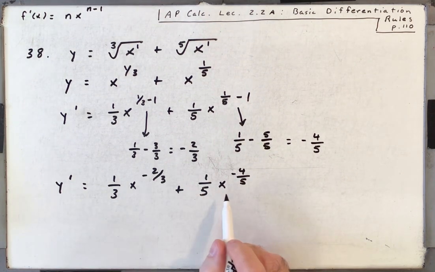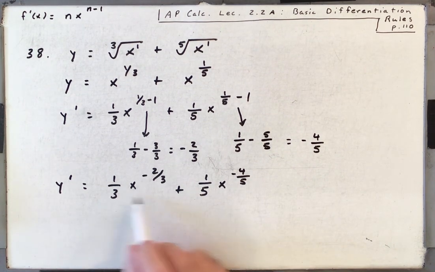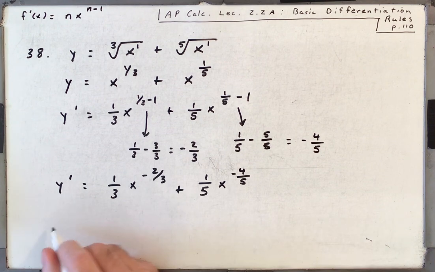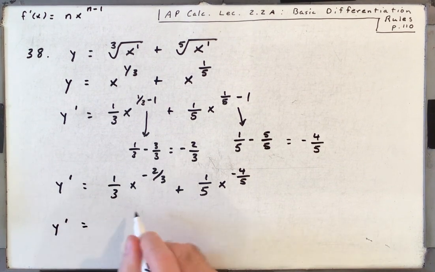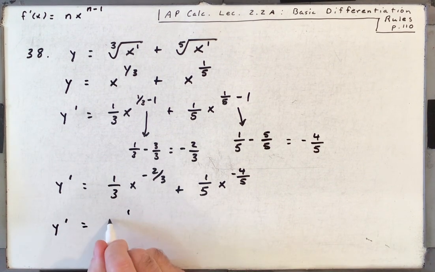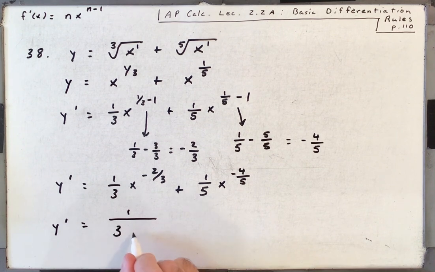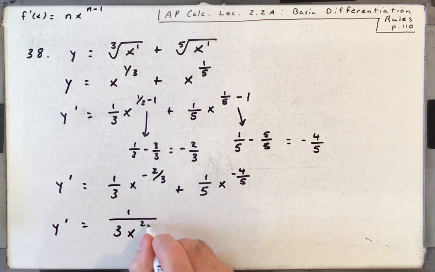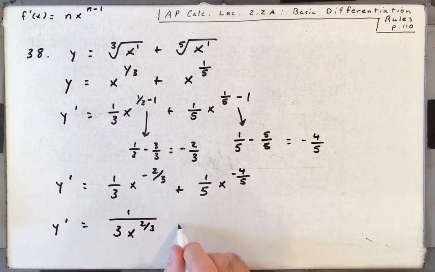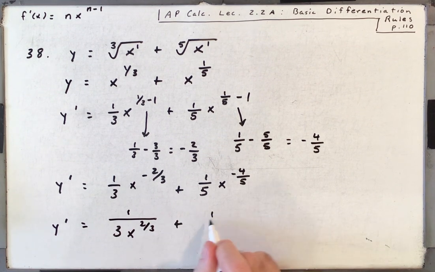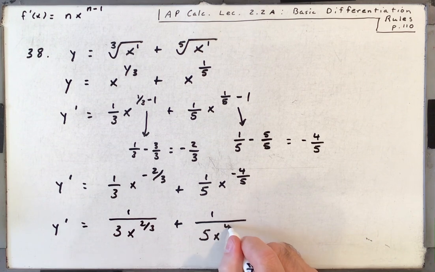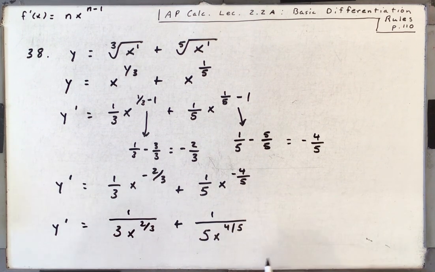Now, are we done? Well, you'd get most of the credit if you got to that, but you've got to make that exponent positive as a final step. So that's the same thing as 1 over 3x to the 2/3 plus 1 over 5x to the 4/5.